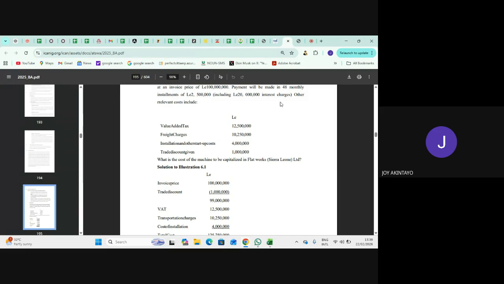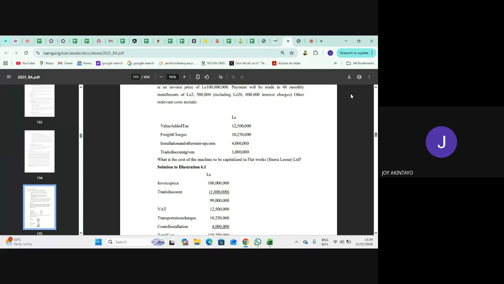Then we are being told, based on what I've said before, trade discounts will be deducted. Are we together? So trade discounts will be deducted. Then we now add other costs to the asset.